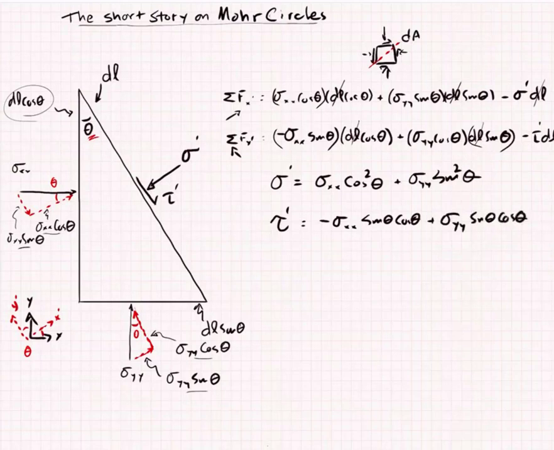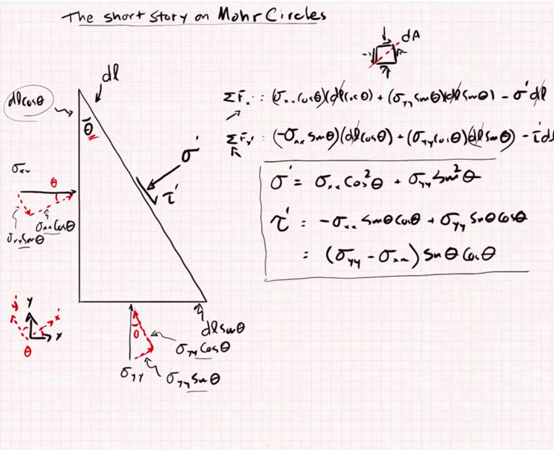And we can rearrange this tau prime term one step further, and it looks like this: sigma yy minus sigma xx times sine theta cosine theta. So there are my expressions for the sigma prime and tau prime, the normal stress and the shear stress acting on the surface cut at an angle theta in response to the far field or applied stresses sigma xx and sigma yy.